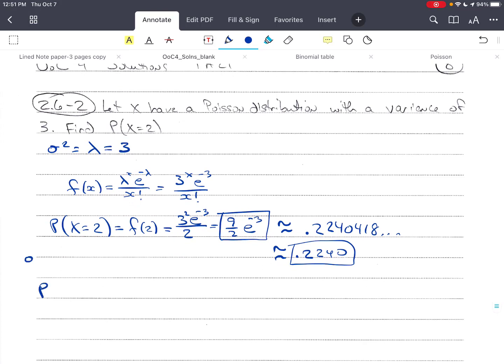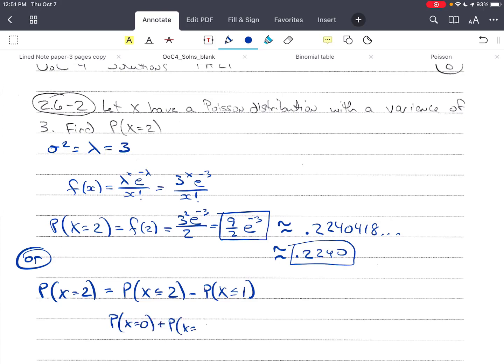And so the probability x is equal to 2 is equal to the probability that x is less than or equal to 2 minus the probability that x is less than or equal to 1. To see this, the probability that x is less than or equal to 2 is the probability that x equals 0 plus the probability x equals 1 plus the probability x equals 2.